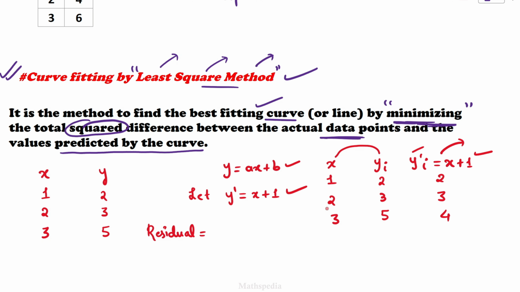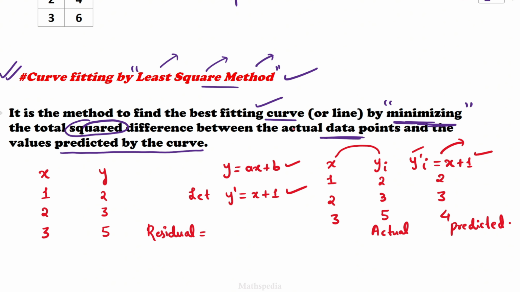This equation which we got at the end after applying the method, y dash i and y i, both will have some error, because this is the actual value and what we got at the end is the predicted value, right? This is the predicted value.